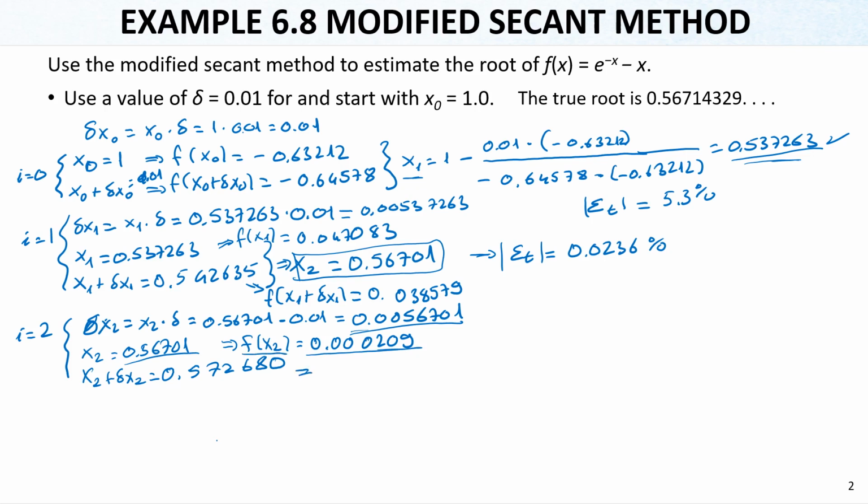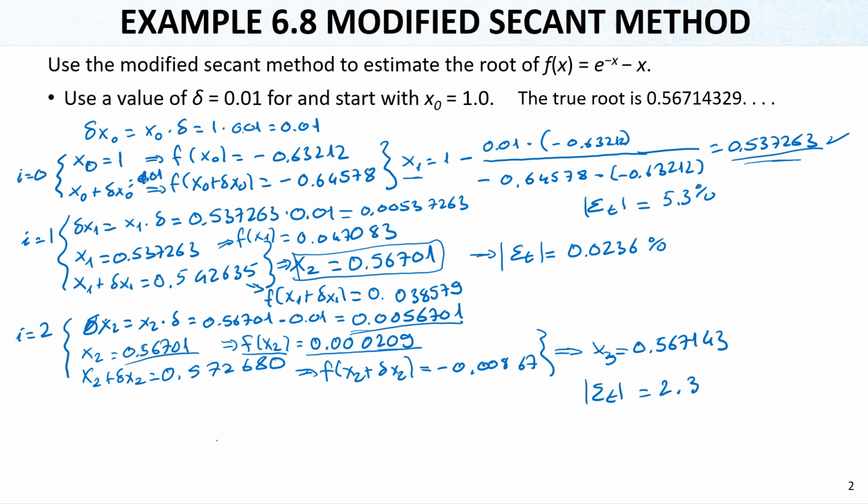In here also, f(x2 plus delta x2) equals, here the value is minus 0.00867, and if we use these, x3 this time. You use the modified secant formulation here. The result is 0.567143, and epsilon t is, you can see, very small, 2.365 times 10 to the power minus 5%.